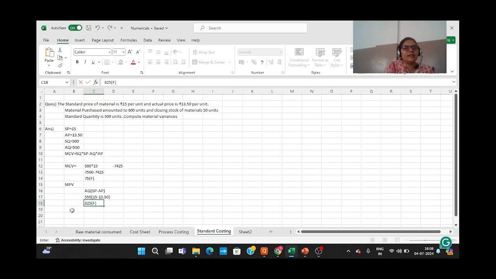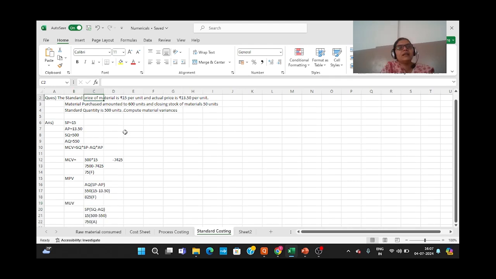Next is material usage variance. The formula for material usage variance is... Material purchased amounted to 600 units and closing stock of materials 50 units. Standard quantity is 500 units. Compute material variances.